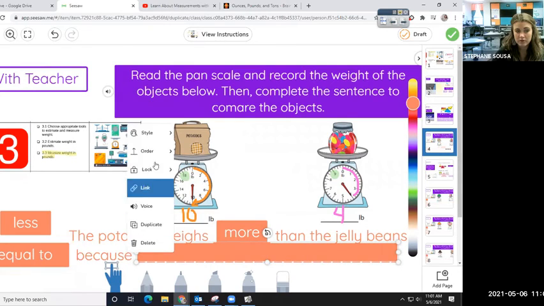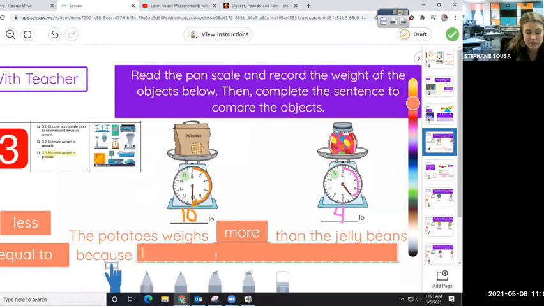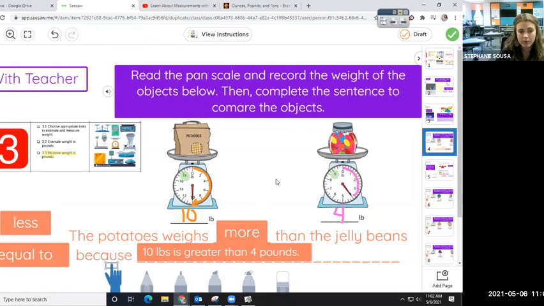The potato weighs more than the jelly beans because 10 pounds is greater than 4 pounds. Using our math vocabulary with words like greater than, less than, equal to.